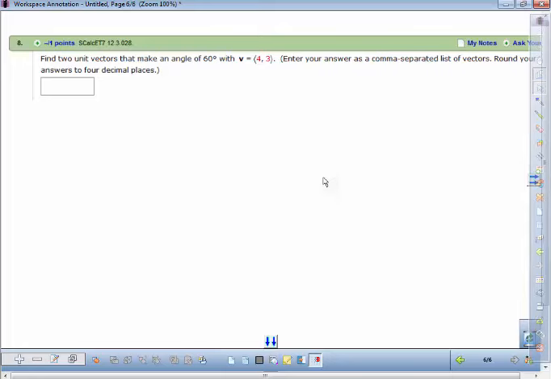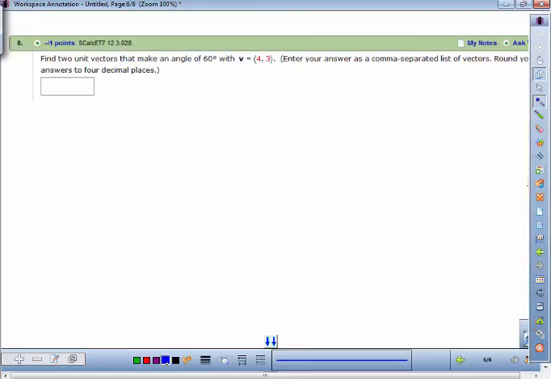And we're in 2 dimensions, so it makes it a little bit nicer for us to deal with. So we have this vector V. And we want to find 2 vectors. It looks like there will be 2 vectors, right? That kind of makes sense.